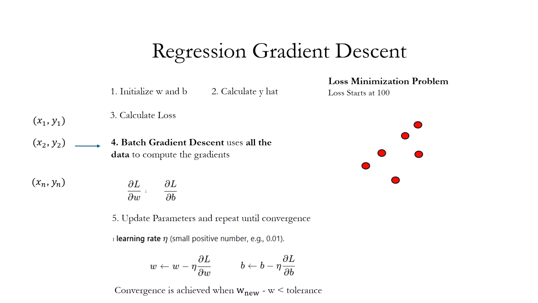Here's a loss minimization problem. The loss starts at 100. We've got some data here, right? And the loss starting at 100, I'm giving as an example, right? This line here is pretty far away from the data points. It's at 100. It's pretty bad, right? We end up here, it's still pretty bad.